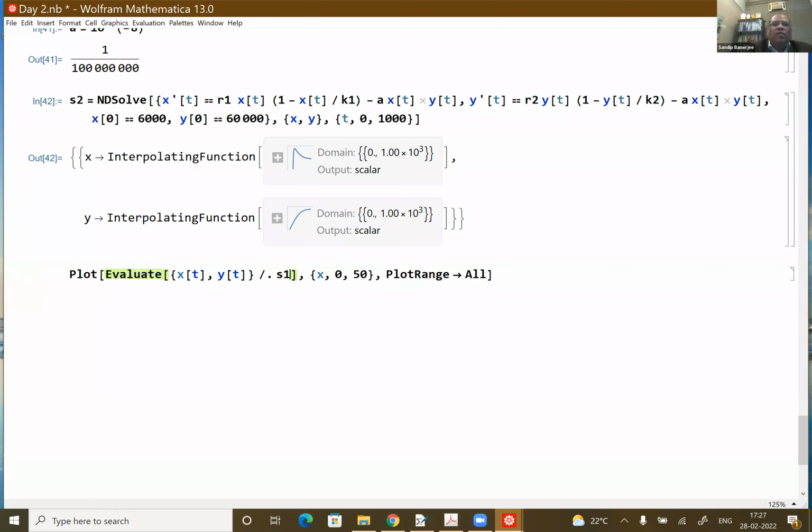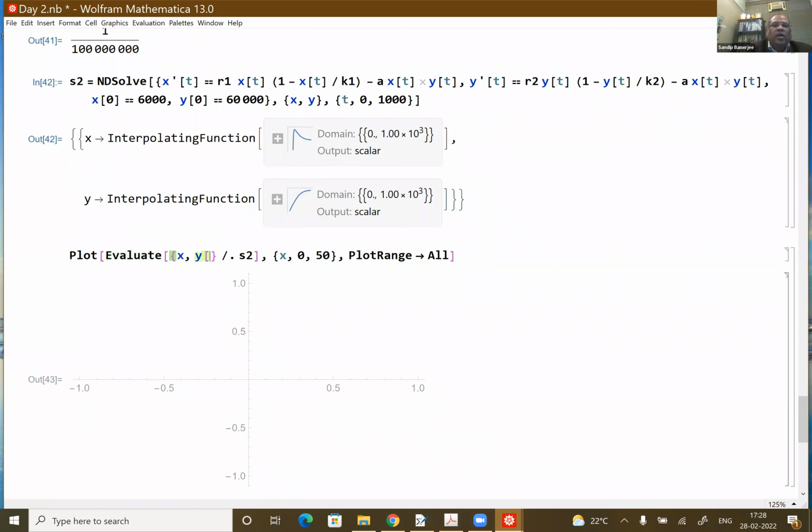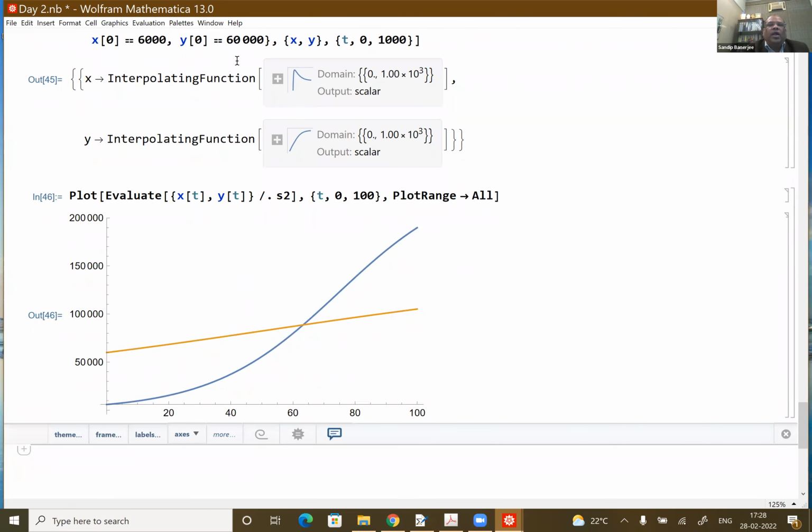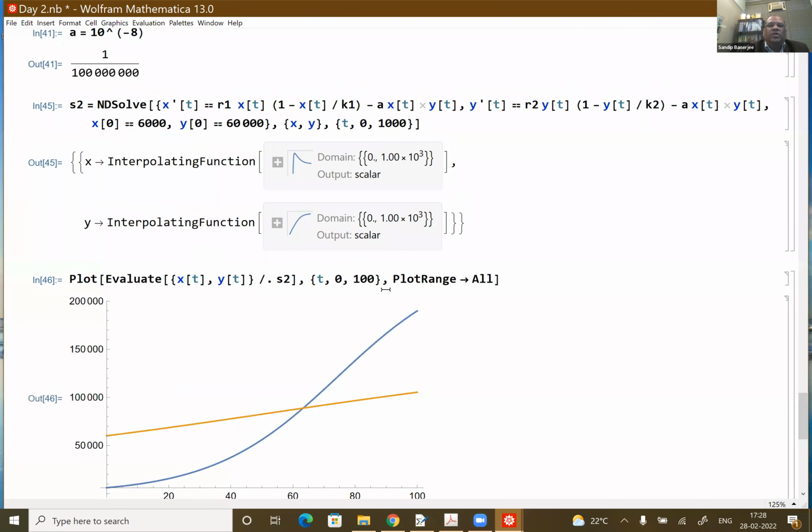No, I made some mistake. So this has to be t. So syntax is very important. If it is not correct, it will not work. Yeah, now it's okay. So it is xt, yt, taking the result from S2.